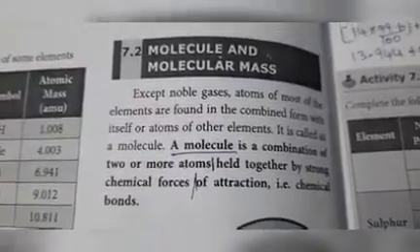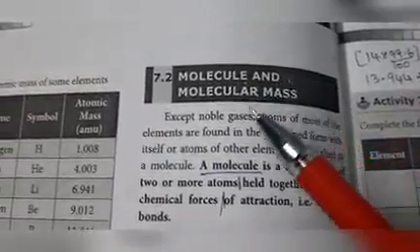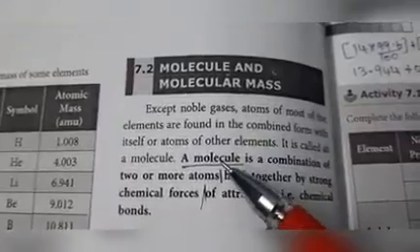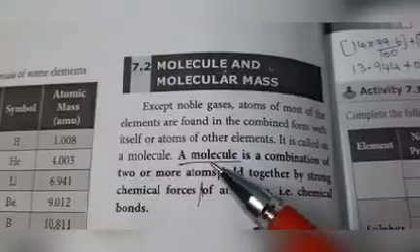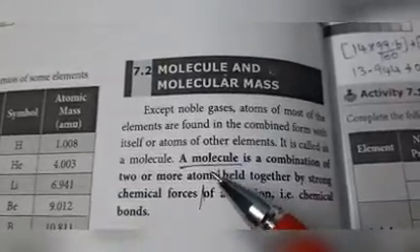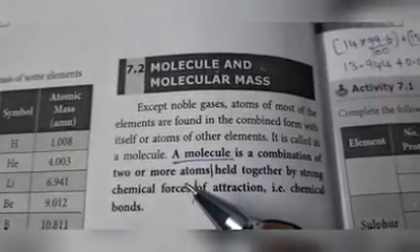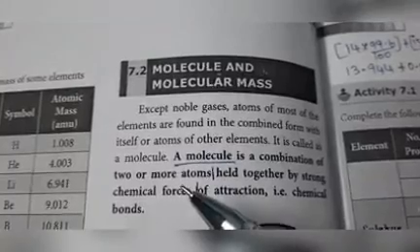So in this paragraph, the molecule definition is given. Next heading, molecule and molecular mass. In this paragraph, we are going to learn the molecule definition. What do you mean by molecule? A molecule is a combination of two or more atoms. So two or more atoms combine together to form a molecule, held together by a strong chemical force of attraction. That is called a chemical bond.